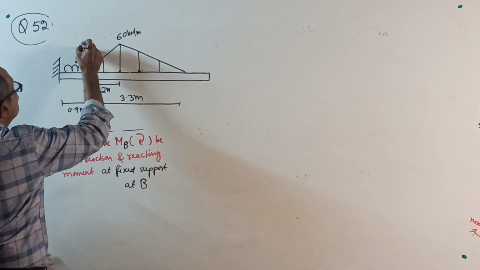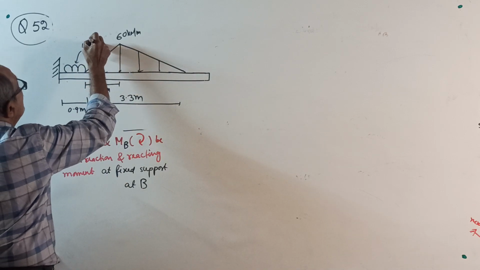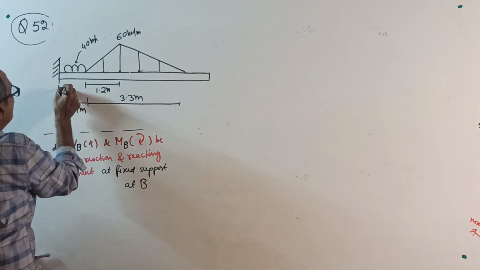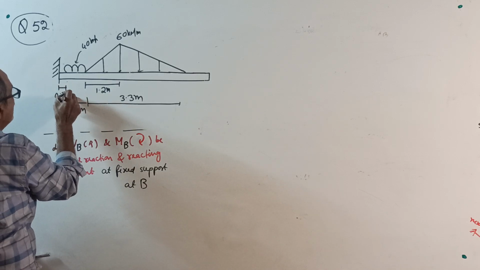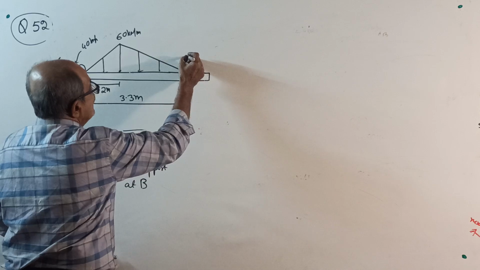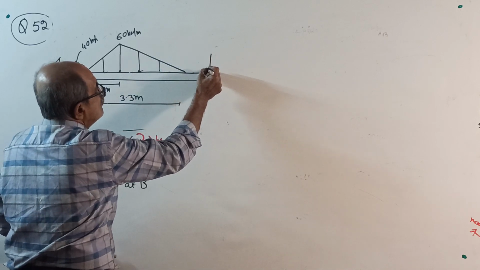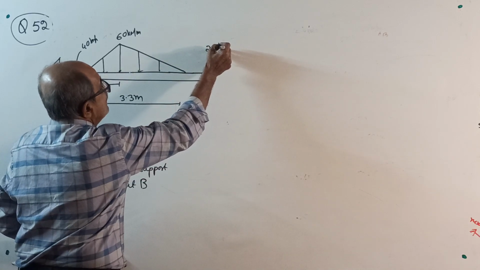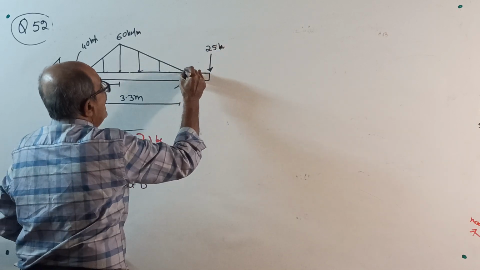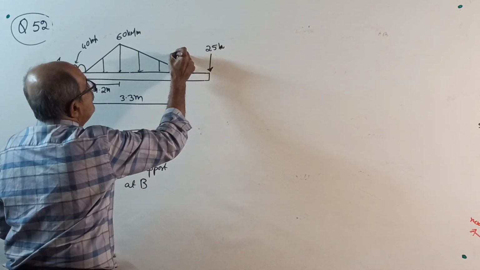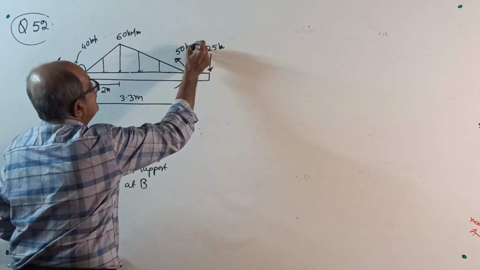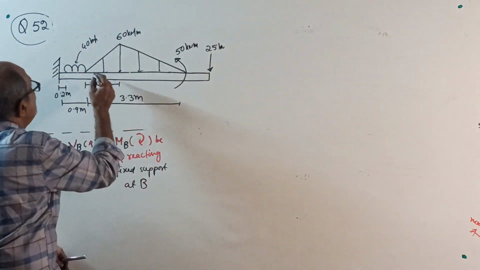The UDL is 40 kN per meter, but it has a gap of 0.2 meter given in the question. Here one point load, 25 kilonewton. Here one anti-clockwise couple of 50 kilonewton meter. Okay, sufficient. Our important part is this load.